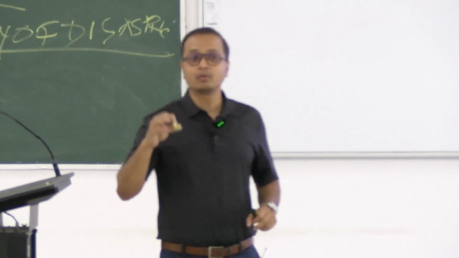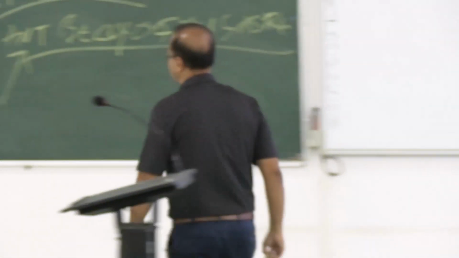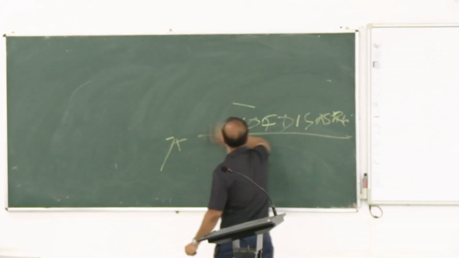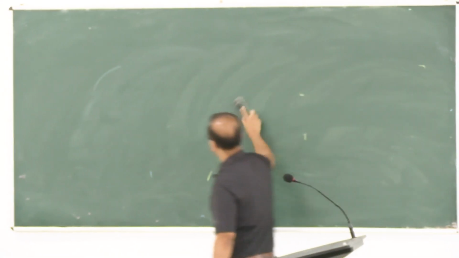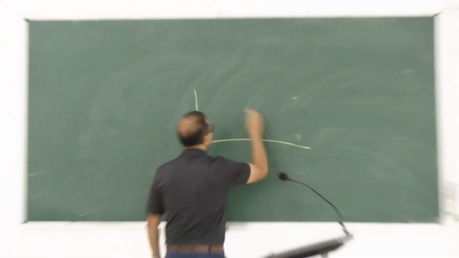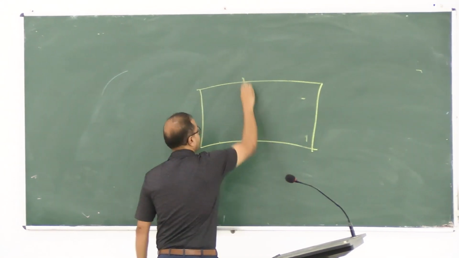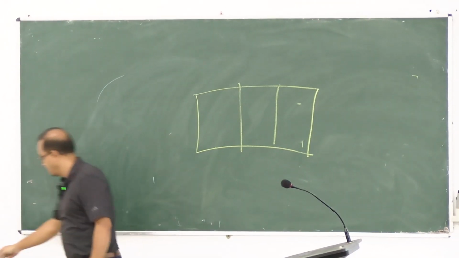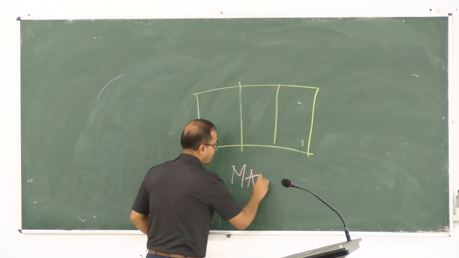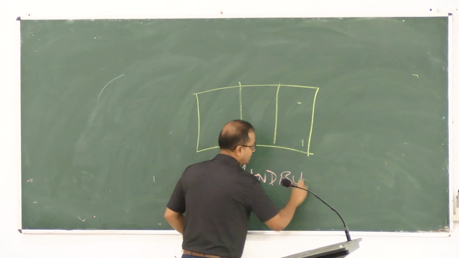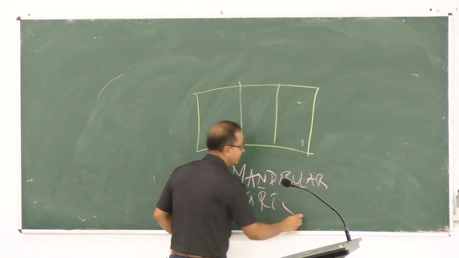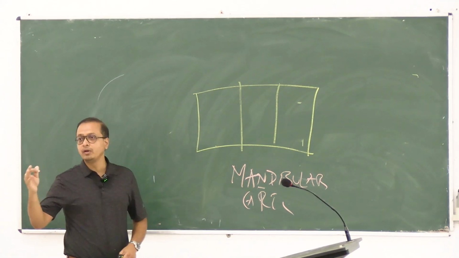Now coming to the mandibular or Meckel's cartilage, which is known as the mandibular process. Now the mandibular cartilage has three components.